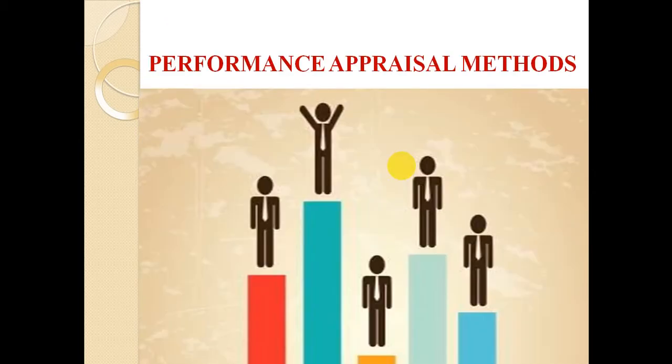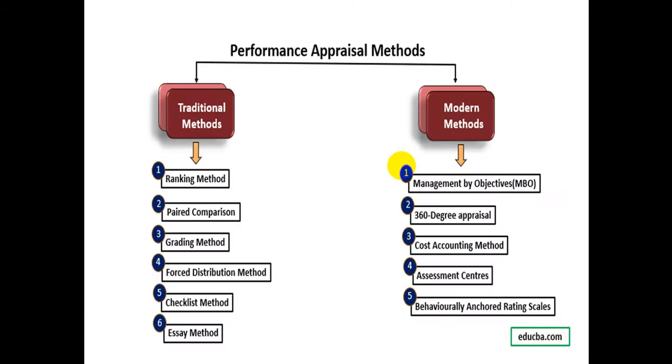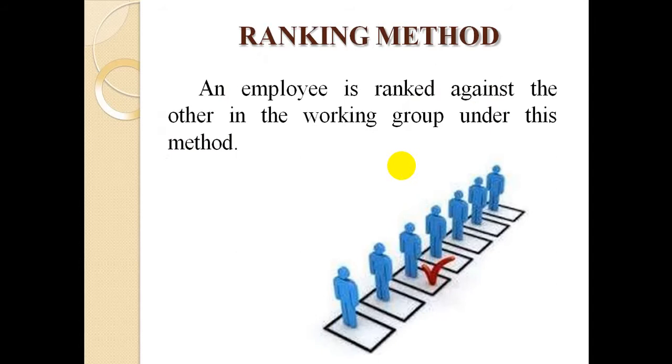And next, the methods of performance appraisals. Here it may be classified into two categories. The first one is traditional methods and the second one is modern methods. Now, traditional methods. In traditional methods, the first method is the ranking method.